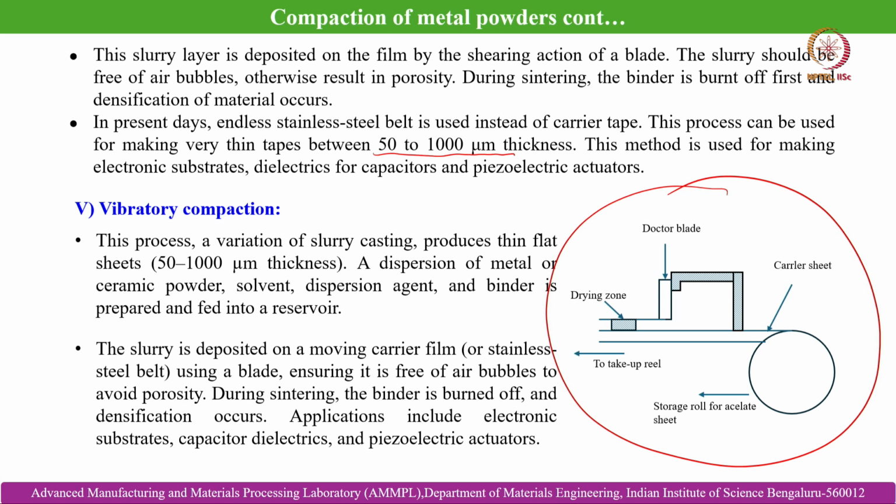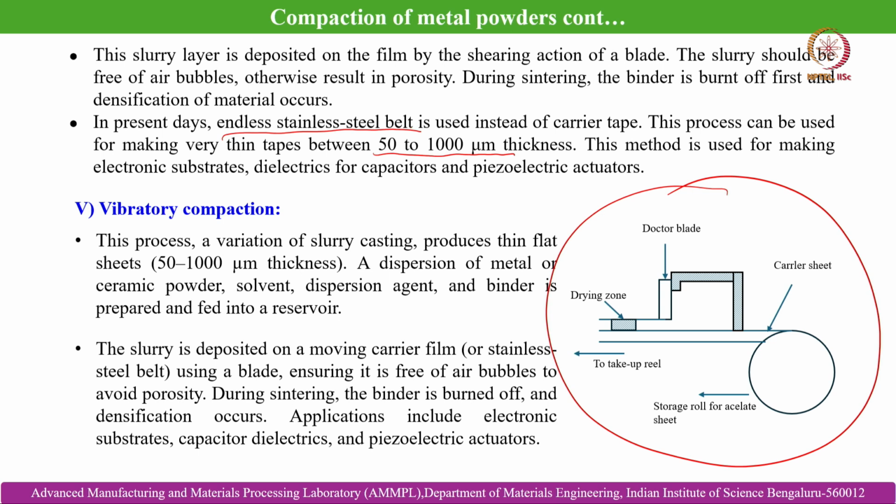pouring the slurry over a moving conveyor belt like structure. So, it can be an endless stainless steel belt that is presently used as a carrier tape.